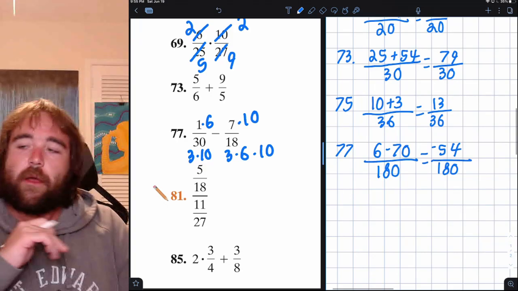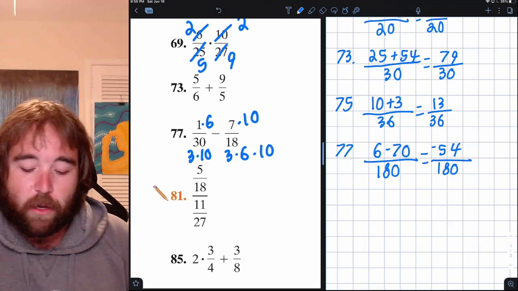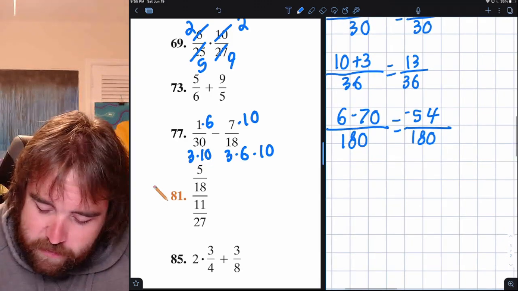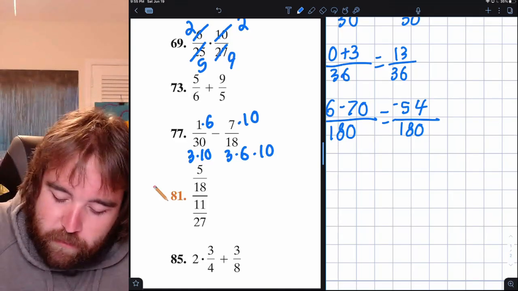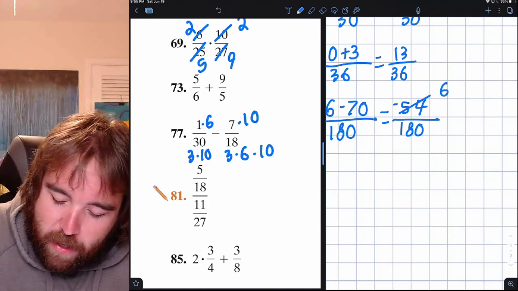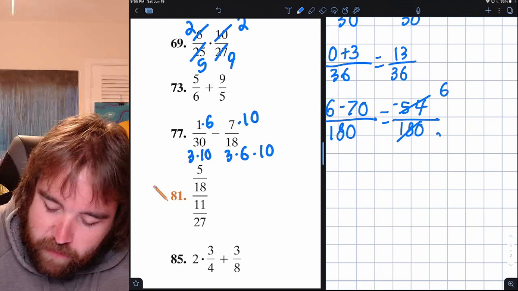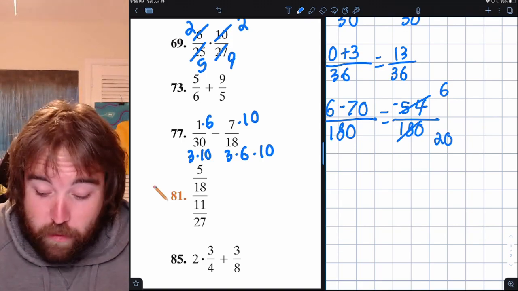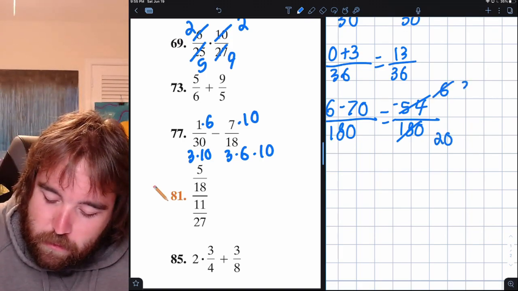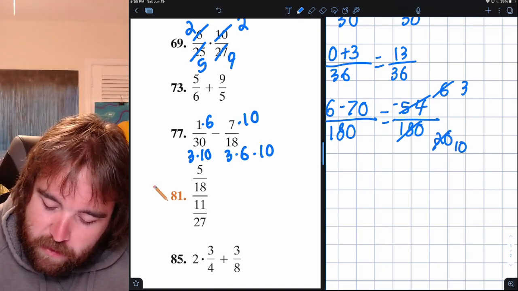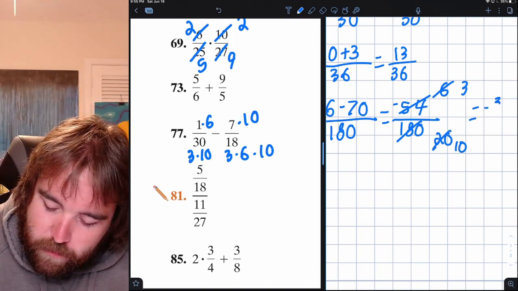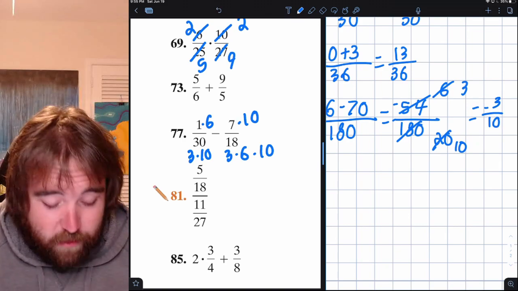And since we didn't find the best common denominator here, we are going to have to simplify. But that shouldn't be too bad because I can see a 9 can cancel out of both of these. Divide that by 9, we get 6. Divide that by 9, we get 20. And then we can even do more. Cancel out a 2. Make that a 3 and make that a 10. So that should be negative 3 over 10.